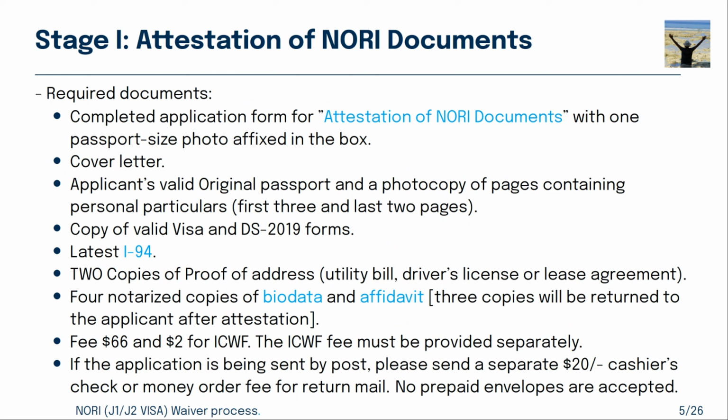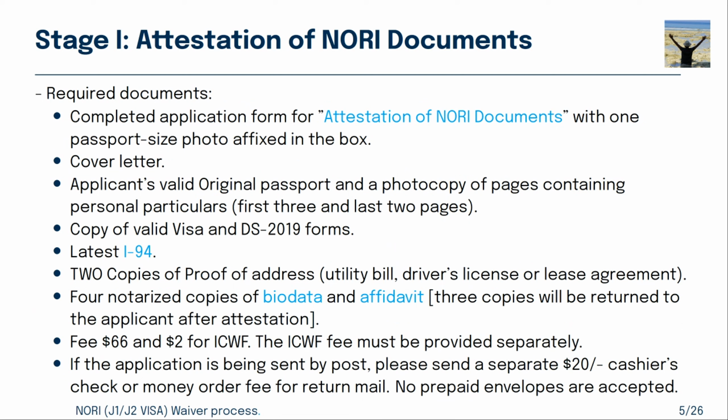You have to write a cover letter. Then you submit photocopies of your original passport and whatever visa pages you have in your passport. It says the first three and last two pages. Additionally, you provide a copy of your valid visa and DS-2019 forms.